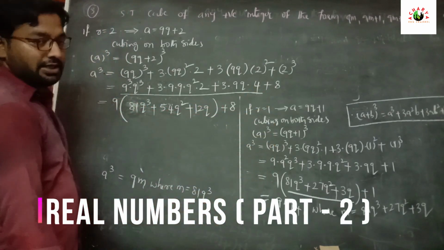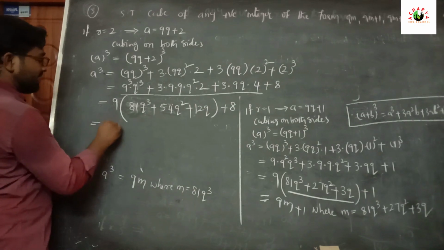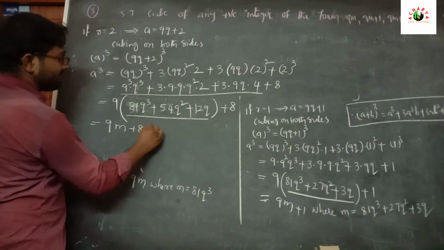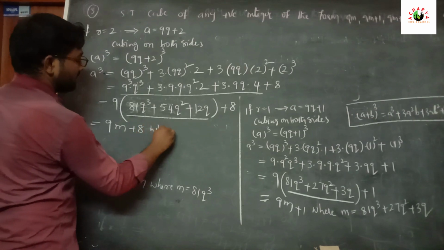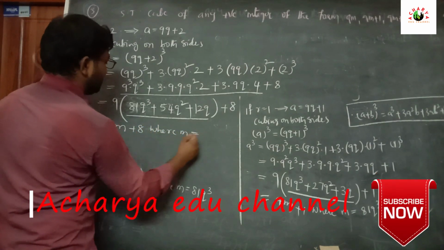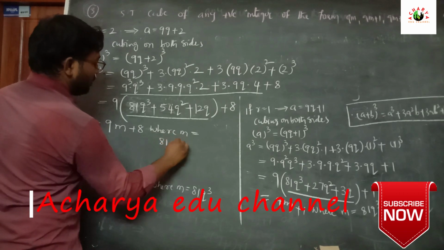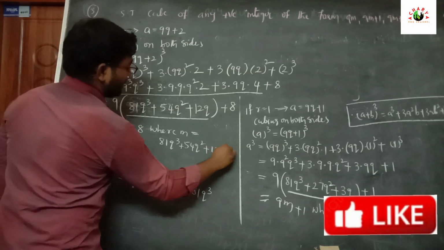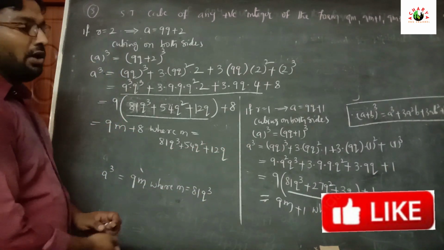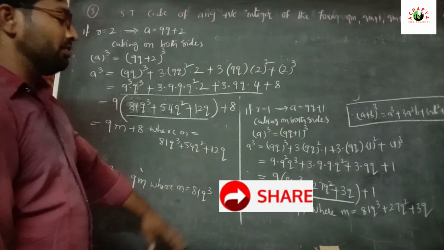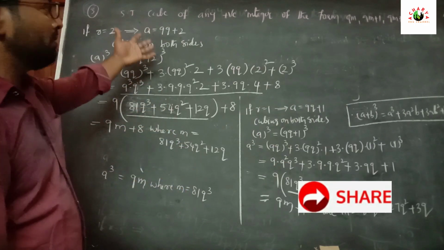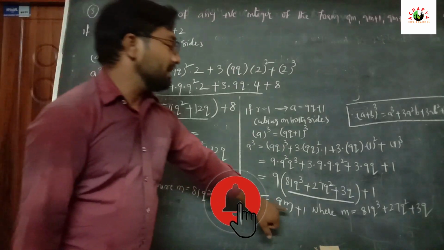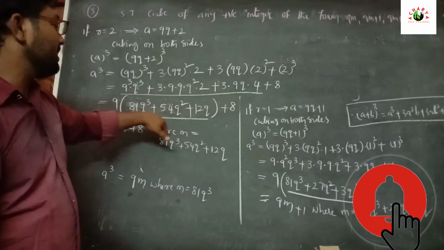Now this total value is equal to m, plus 8, where m is equal to 81 q cube plus 54 q square plus 12q. So like that we have shown the cube of a positive integer is of the form 9m, in the second case 9m plus 1, in the third case 9m plus 8.